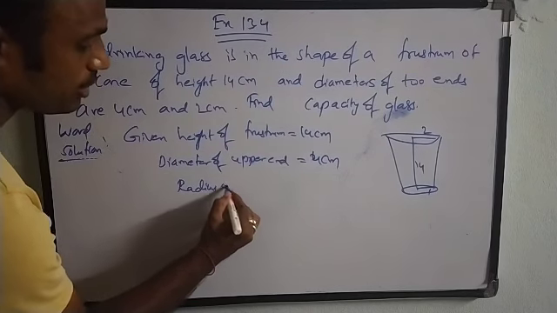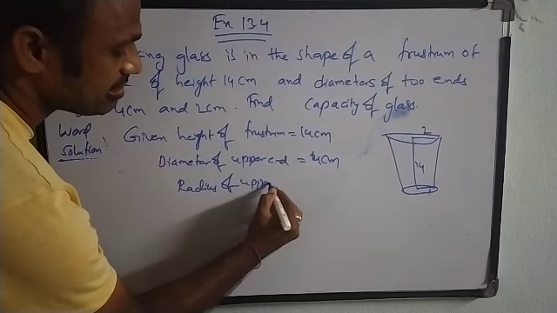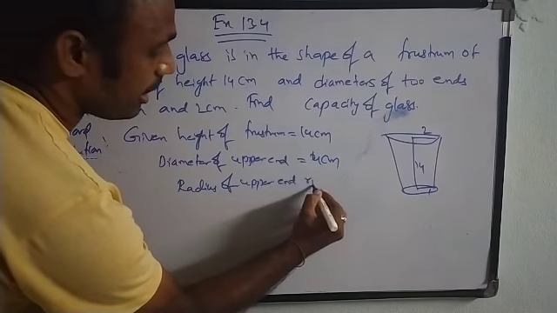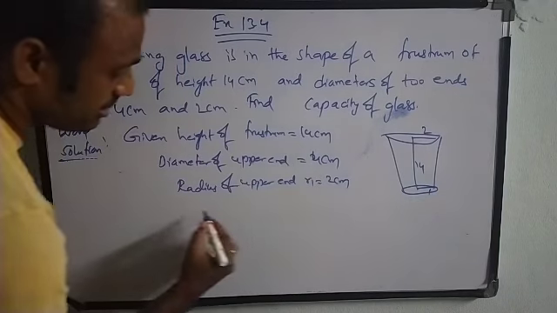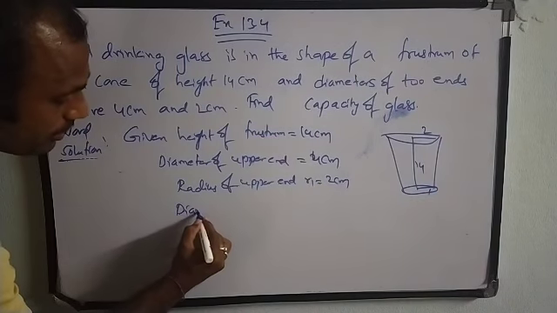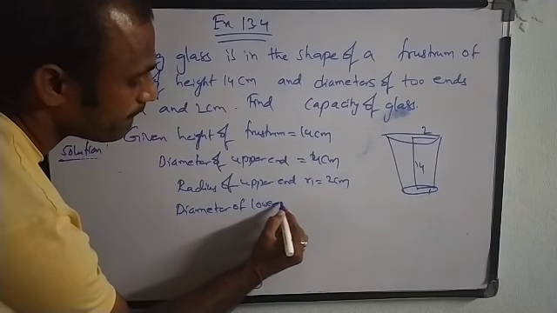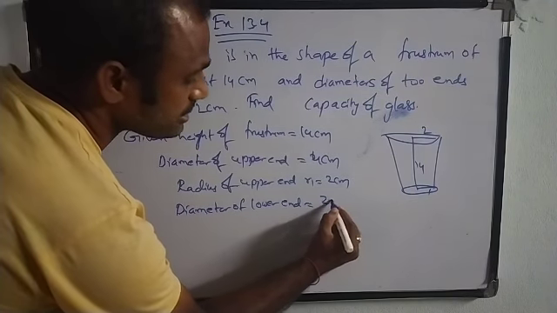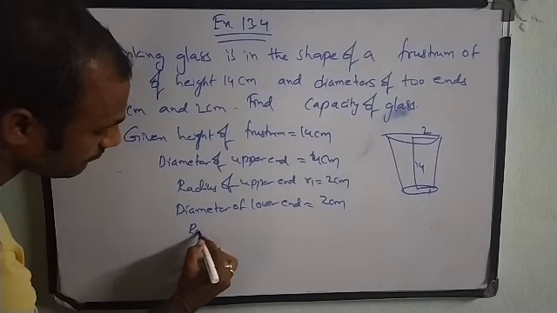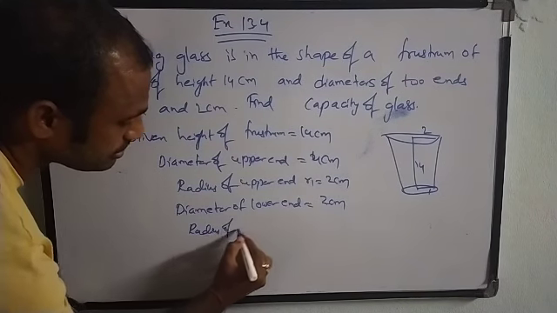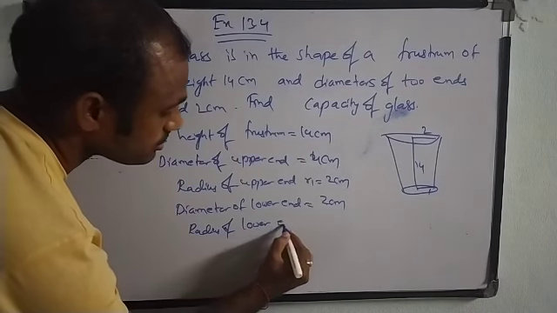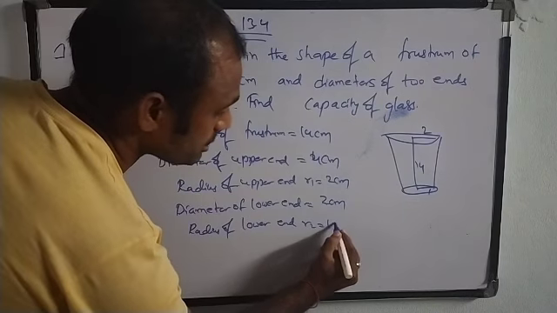So radius of upper end R1 is equals to 2 centimeter. So diameter of lower end, that is 2 centimeter. So radius of the lower end R2 is equals to 1 centimeter.